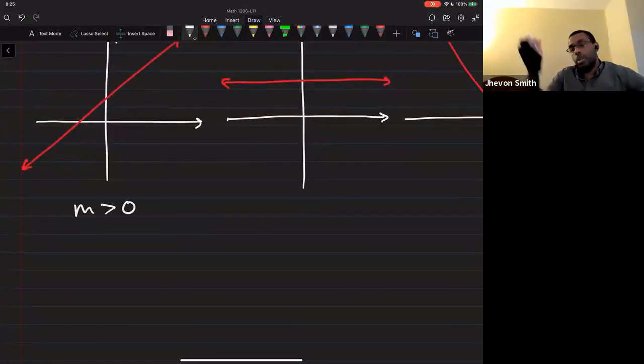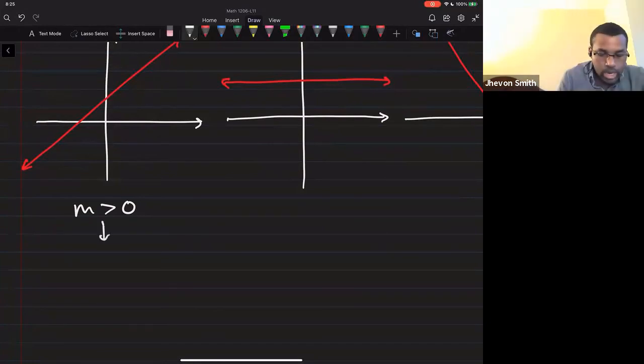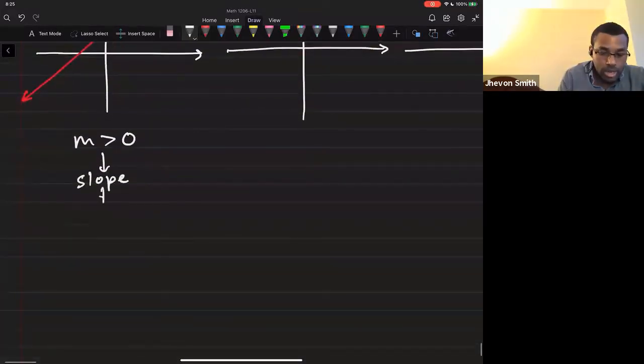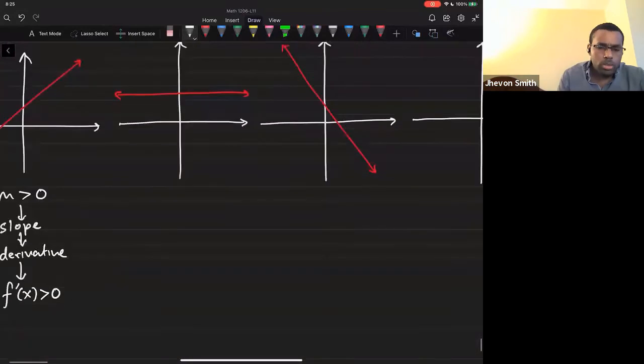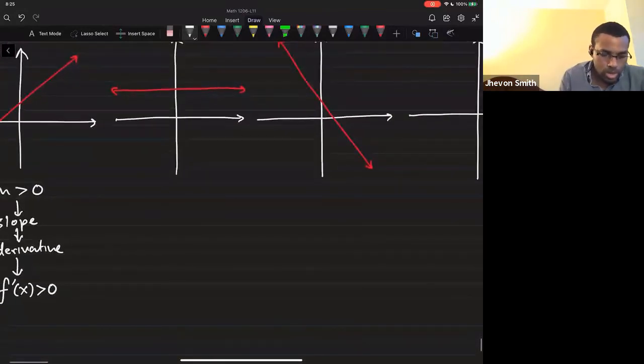It moves up as you go from left to right. So this is, of course, the slope, which is a synonym for derivative. So this essentially would say f prime would be greater than 0 in such a case. Similarly here, you can say the derivative is greater than 0.